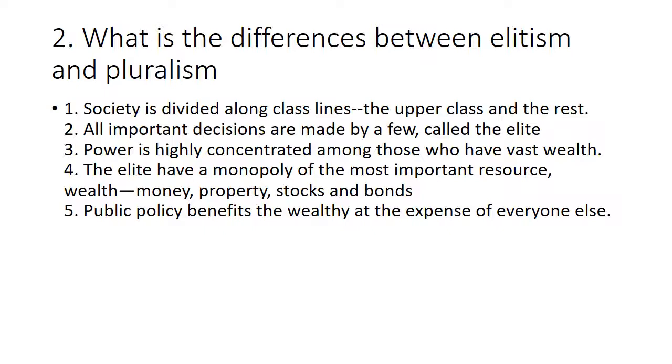The elite have a monopoly of the most important resources, and this is how the elites and the pluralists differ, because the idea is that the resources of wealth are what really count. The most important things are money, property, stocks and bonds, which all generalize into just saying money, that they control what's going on because they control the money.